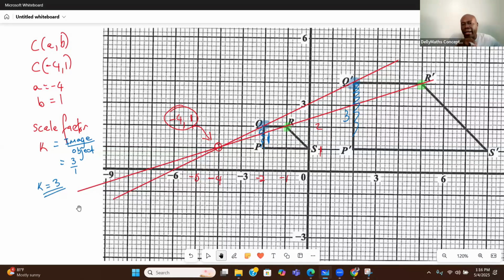So you notice that I highlighted them, blue with blue, R with R. Whatever you have, you highlight them. You draw a long line through them, and wherever the 2 lines cross, that's it.